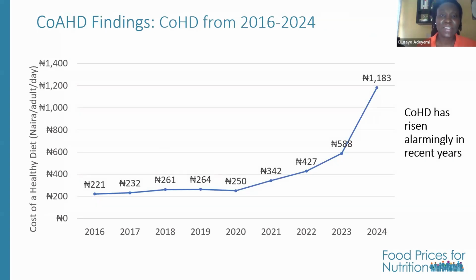So first of all, you can see here how the cost of a healthy diet increased nationally in Nigeria from 2016 to 2024. It increased by more than 5 times, particularly between 2023 and 2024, it doubled.